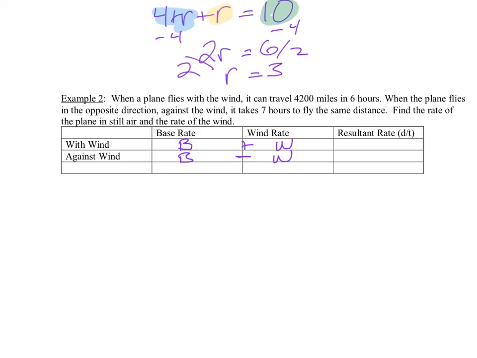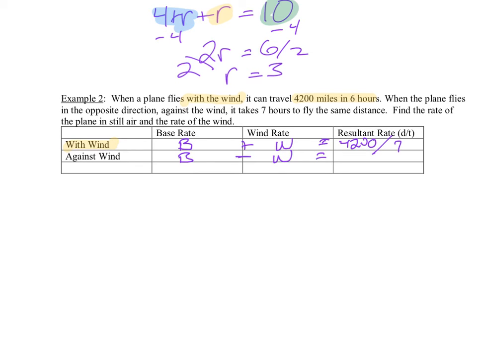When a plane flies with the wind, it can travel 4,200 miles in 6 hours. So the resultant rate is the distance, 4,200 miles, divided by the time, which is 7 hours.